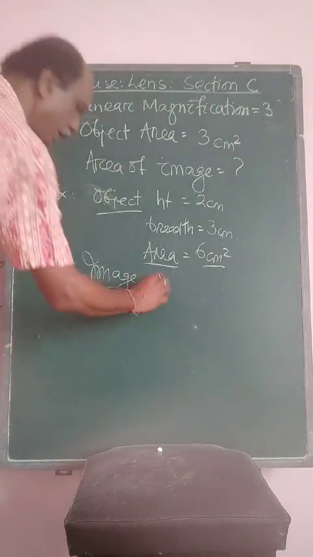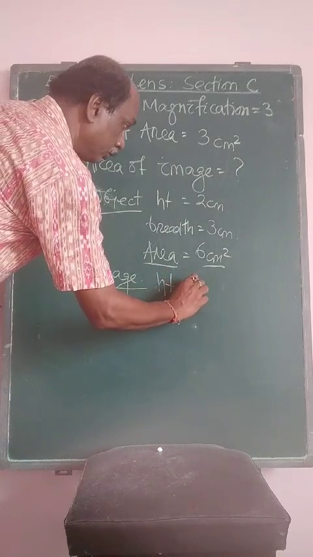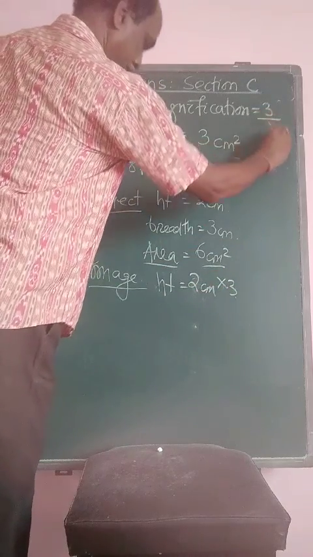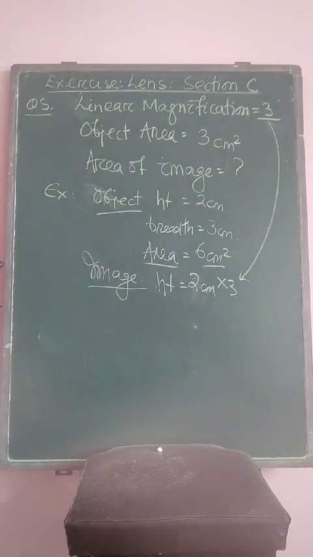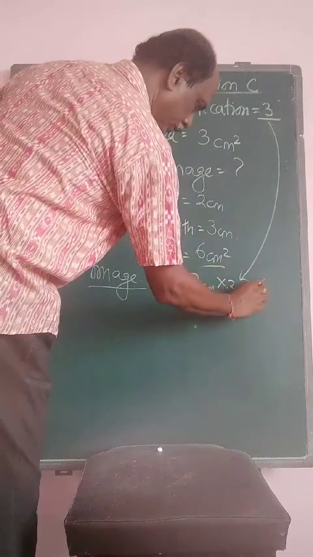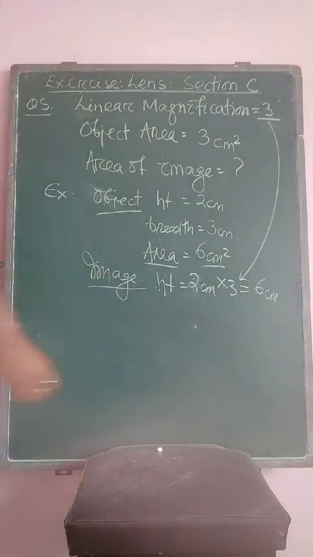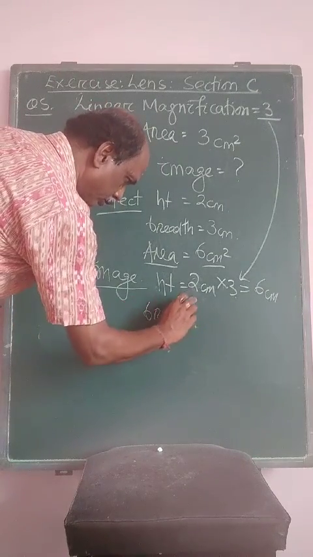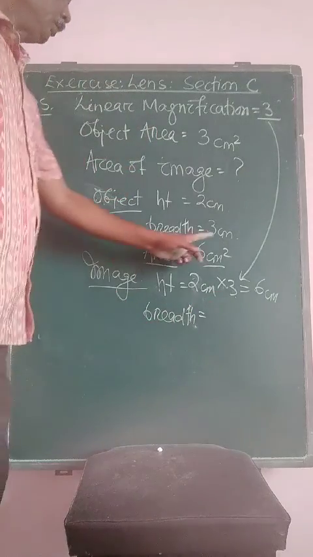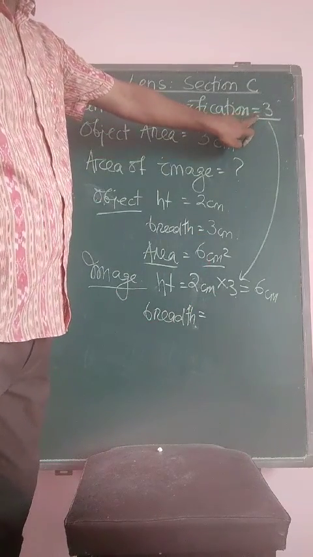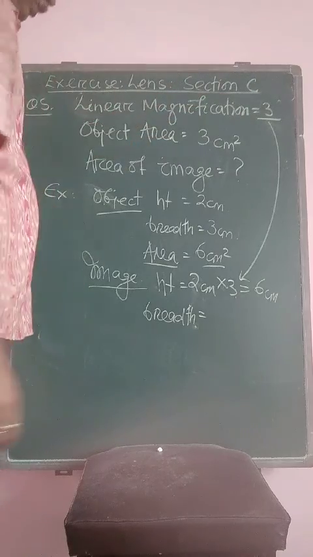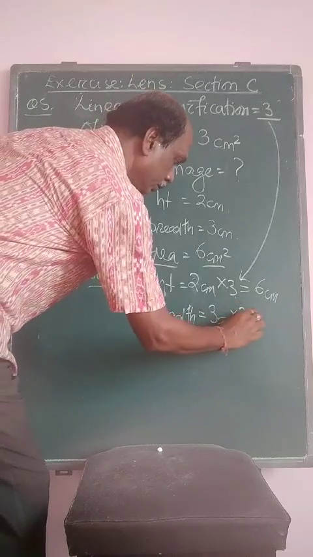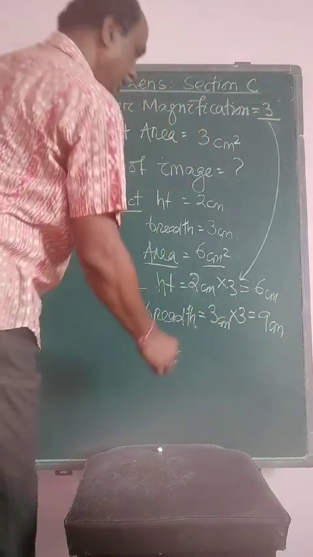So the image will have height 2 cm into 3, magnification is 3, so this is 6 centimeters. What will be its breadth? Breadth is 3 centimeter. Linear magnification is 3. So breadth is 3 centimeter into 3, that is 9 centimeters.